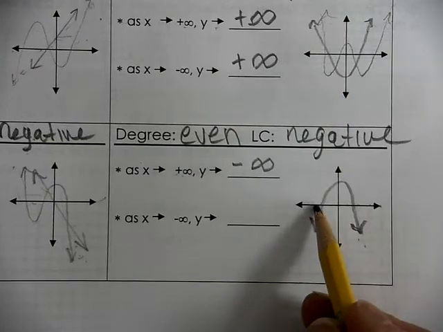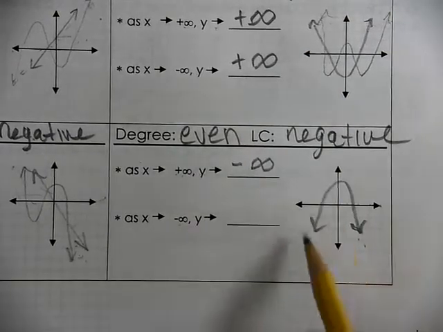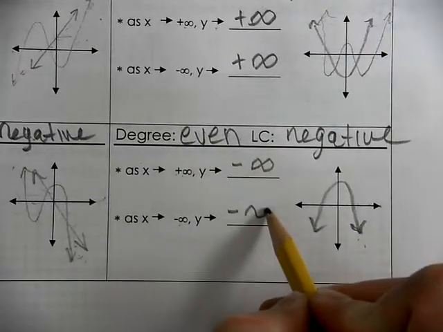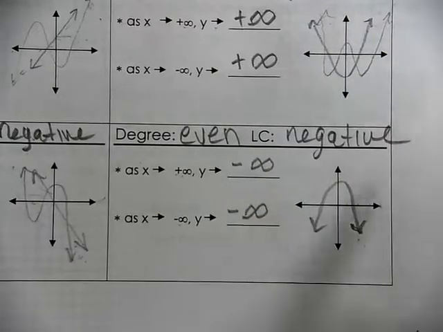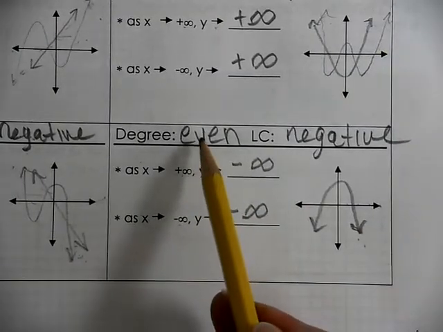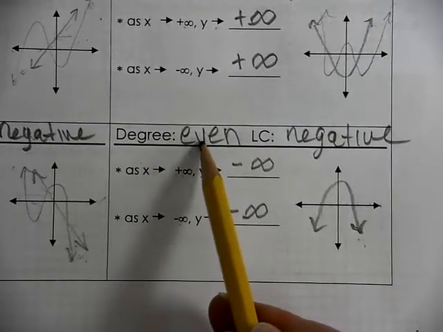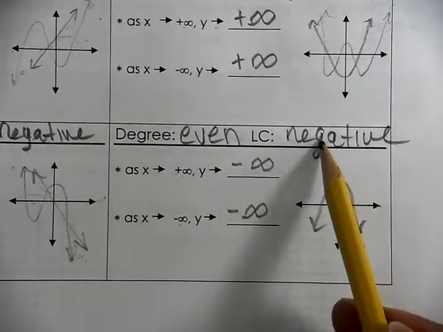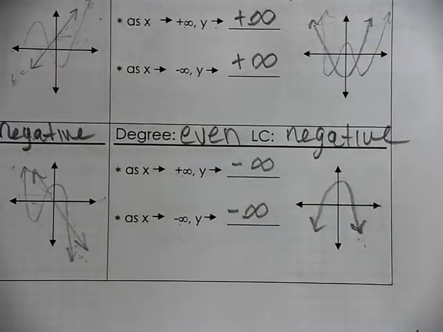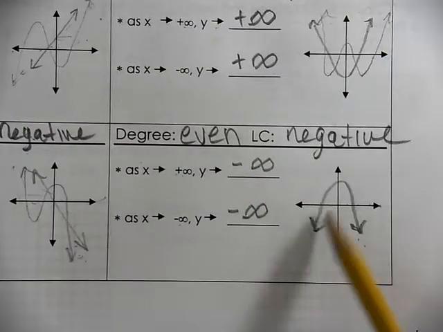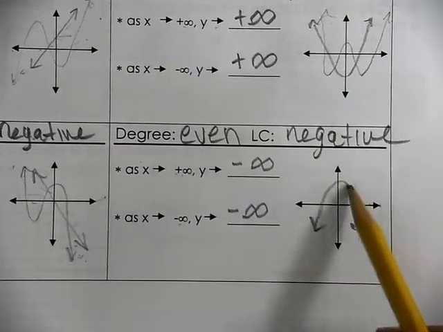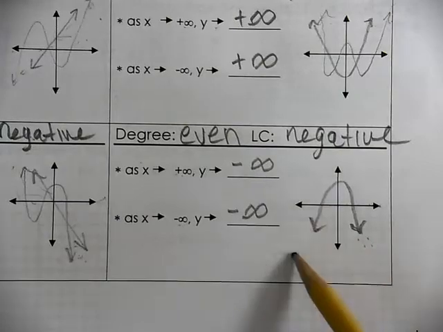As you move to the left, the function's also going to go down. So the pattern that we're seeing here is that when we have an even degree, 2, 4, 6, and a negative leading coefficient, it doesn't even matter what the numbers are, we can predict that it's going to fall to the right and eventually fall to the left.